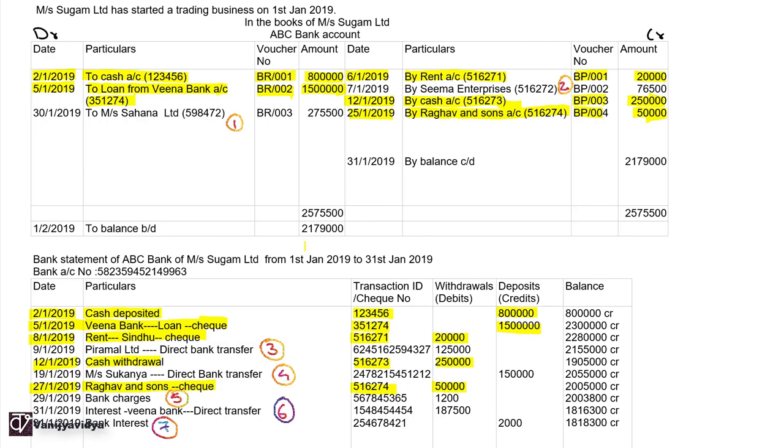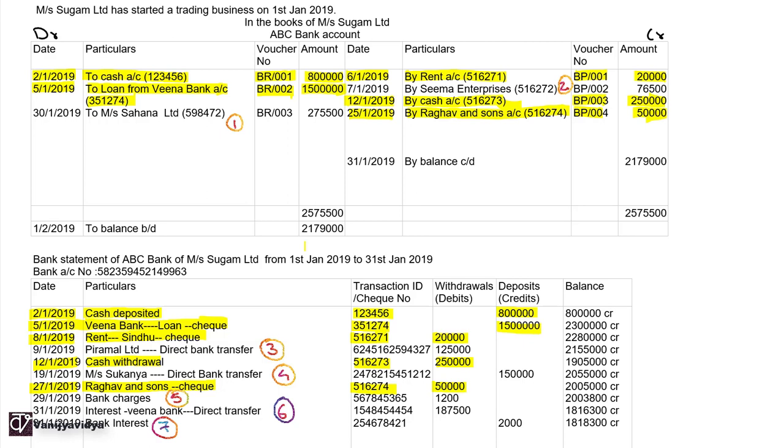Now the check has been received from Messrs Sahana Limited, so it is recorded in the bank account. So to that extent, your balance in the bank account is increased. Now since this check is not yet cleared, it is not appearing in the bank statement.